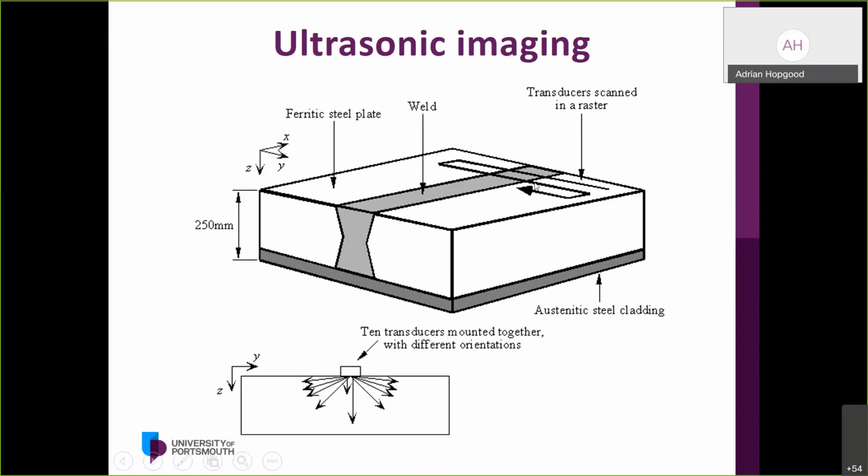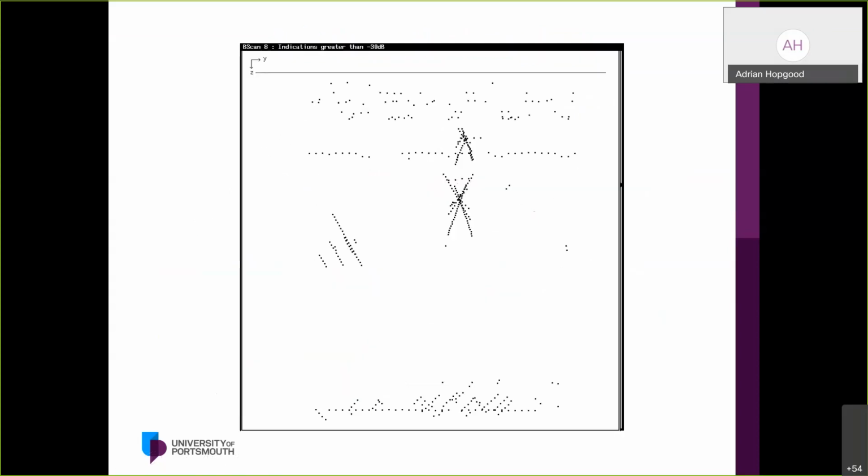In this case, it's a slab with a weld down the middle, and that weld has some defects in it, which we're hoping to pick up and detect. So each pass across the surface generates an image like this, where each dot is a so-called indication, it represents a pulse echo that's been detected.